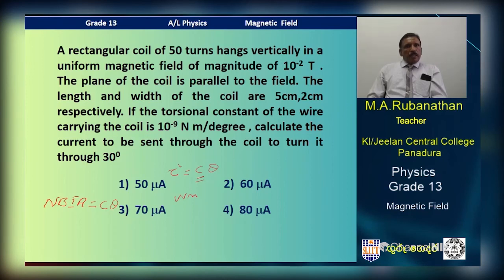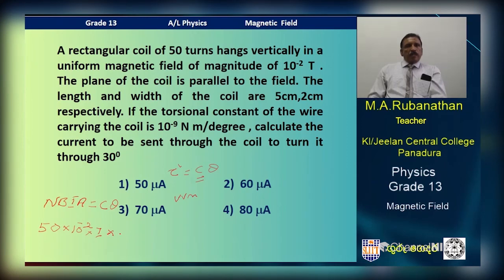So applying this, we substitute our given data here. N is equal to 50 turns, and B is 10 to the power minus 2. They want the value of I. And A is 5 centimeter and 2 centimeter, length and width.